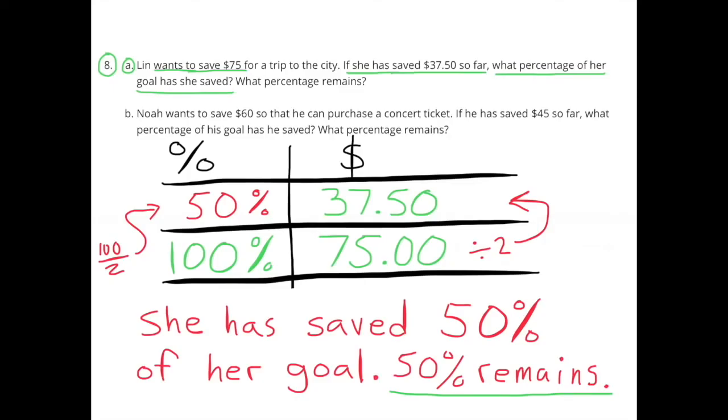She has already saved $37.50, and I noticed that that's half of 75. 75 divided by 2 equals $37.50. So I need to divide the 100% by 2. 100 divided by 2 equals 50. So $37.50 represents 50% of her goal. She has saved 50% of her goal, and 50% remains.